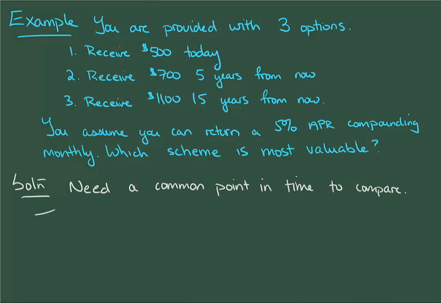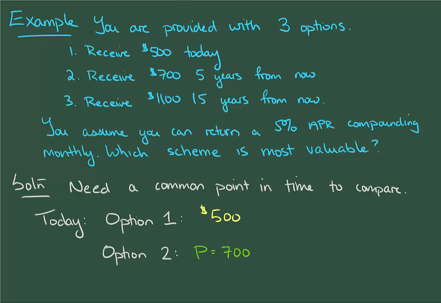Using today as our time frame, option 1 provides us with $500 today, so its present value is $500. Option 2 requires a little bit more work. We receive $700 5 years from now, so we have to pull it back to the present, but we know how to do that. And if we work everything out in a calculator, we get $545.44.